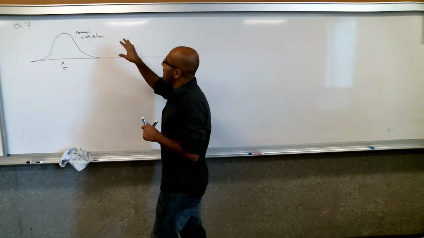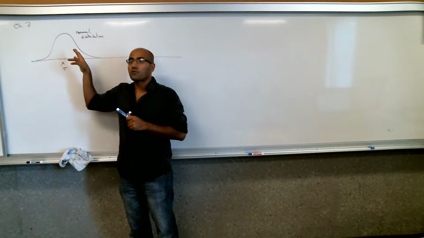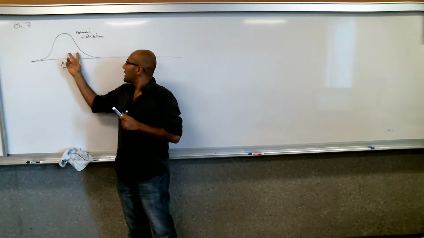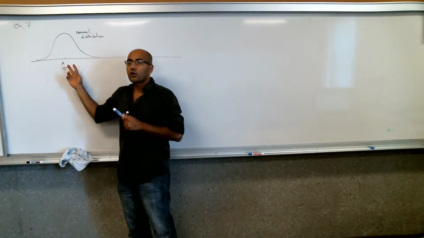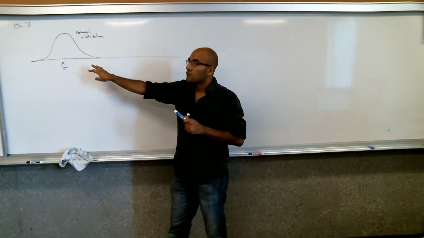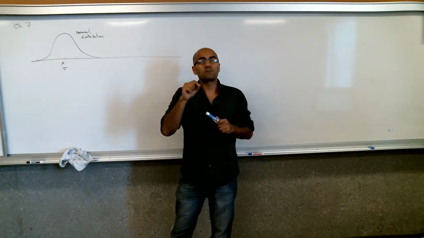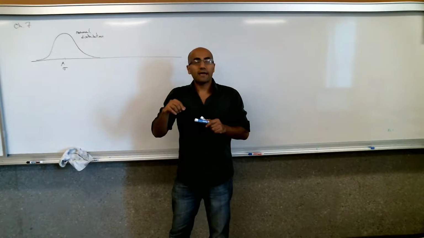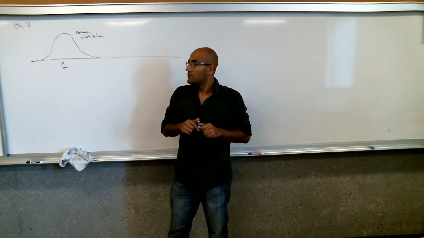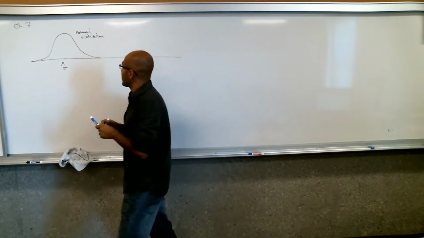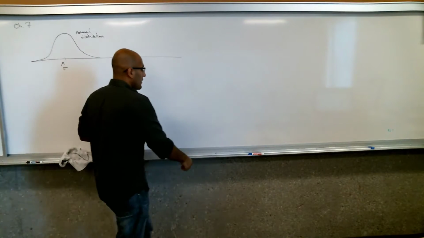Okay, so the other really important characteristic about normal distributions is that the area underneath the curve from one normal distribution to another normal distribution is proportionally equivalent as multiples of standard deviations. So I'll show you what that means in more detail in one second.